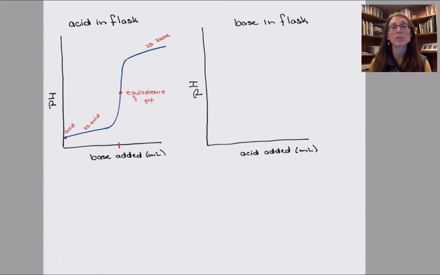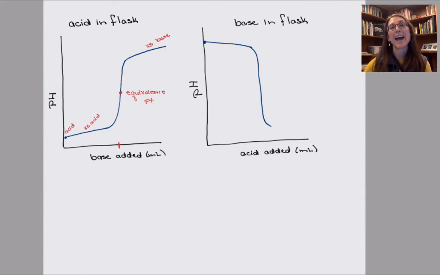A mirror image curve is seen for a base. Since we're starting with a base in the flask, the pH is going to start high. And then as you start to add acid, that pH is going to slowly decline, but there's still excess base, and so that pH is going to remain high. And then when you get close to the equivalence point, you're going to see a sudden change in that pH. It's going to suddenly drop.